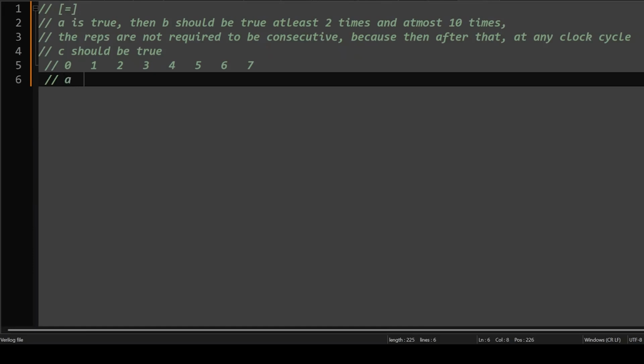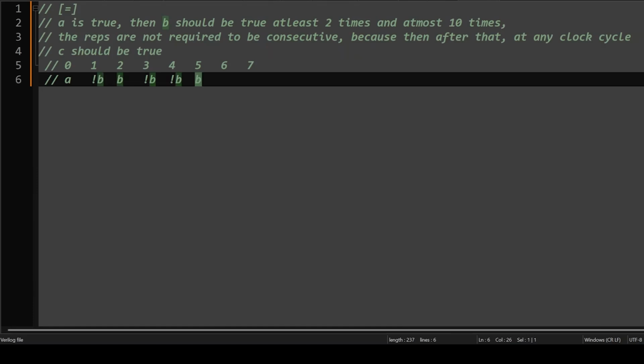If A is detected, then on the clock cycles, let's say B is not true for this clock cycle, then B is true, and then again B is not true, B is not true, and then B is true.